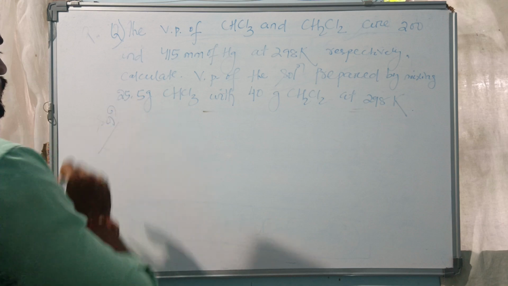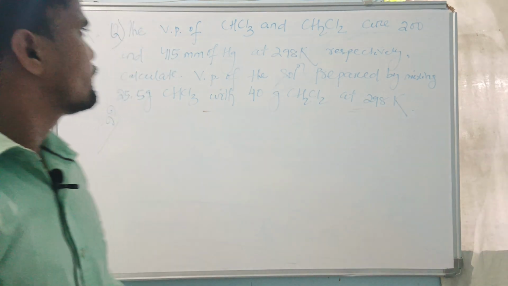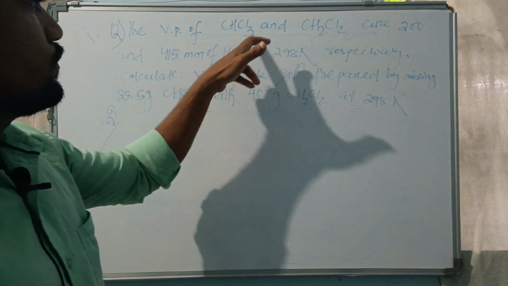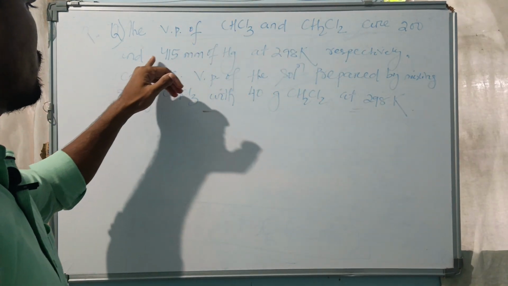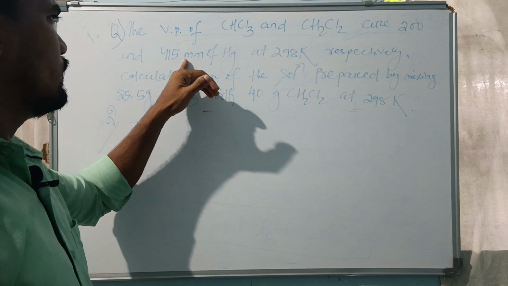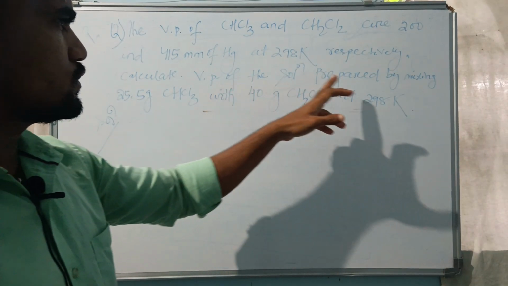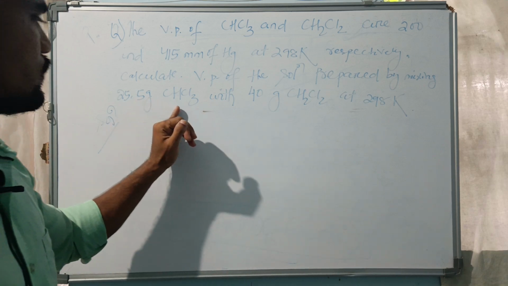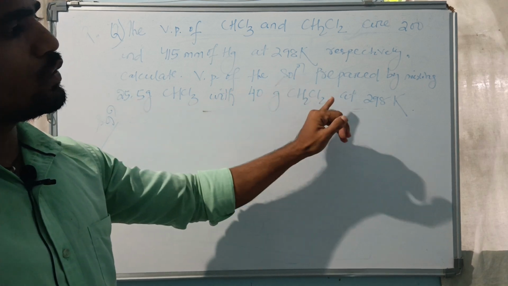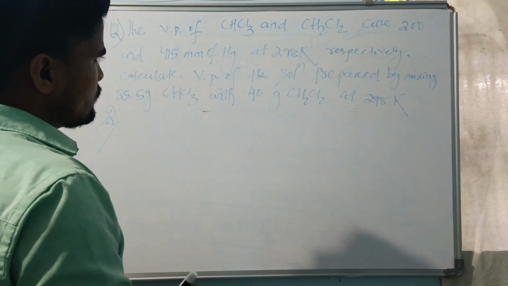So let's do the solution. What is given in the question? The vapor pressures of chloroform and dichloromethane are 200 and 415 mm of Hg at 298 Kelvin respectively. Calculate the vapor pressure of the solution prepared by mixing 25.5 gram chloroform with 40 gram dichloromethane at the same temperature, right?